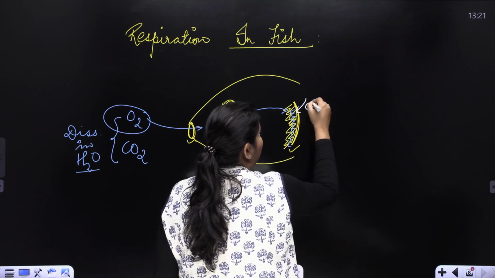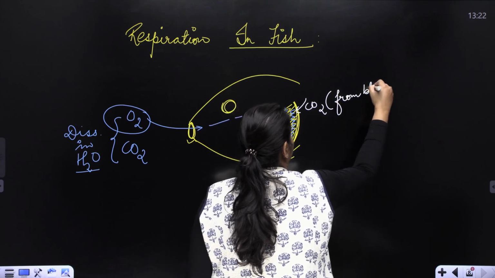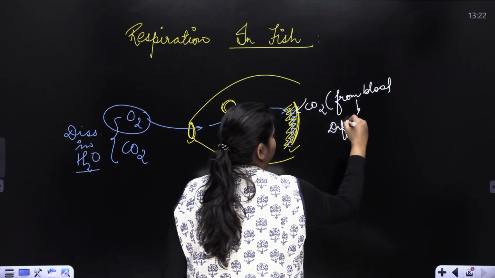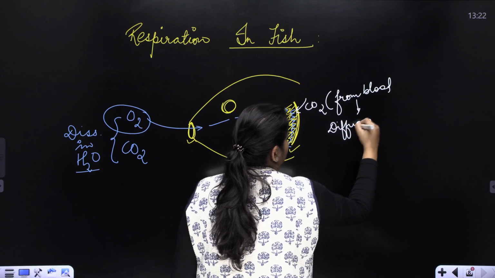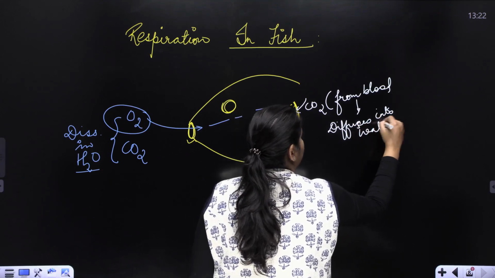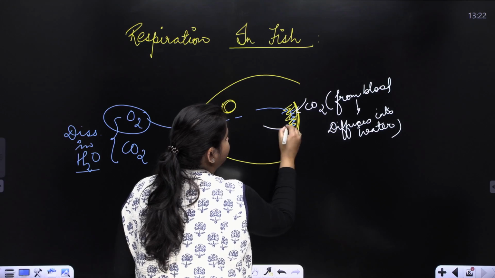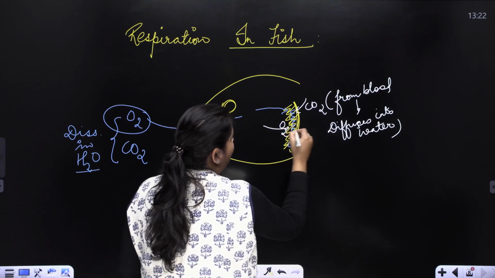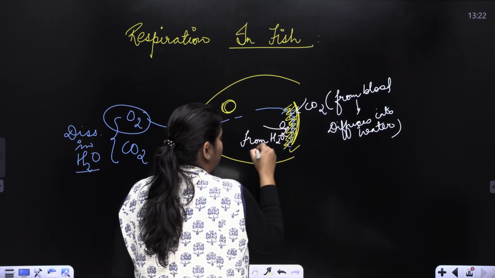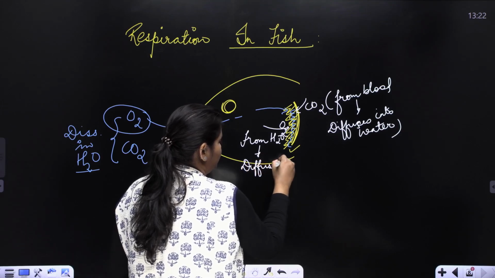That is carbon dioxide from blood diffuses into water, and oxygen from water diffuses into blood.